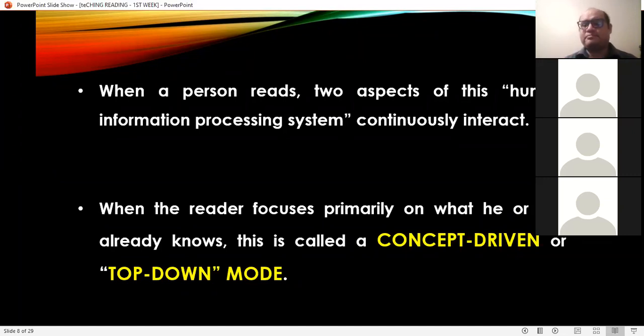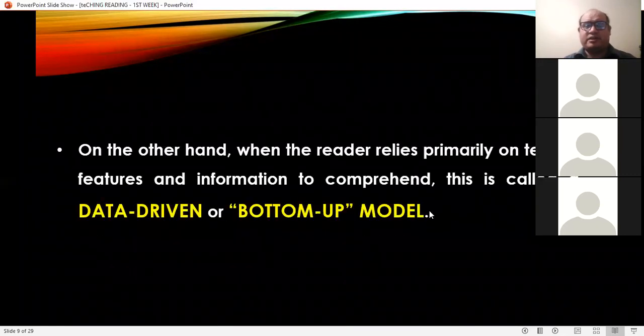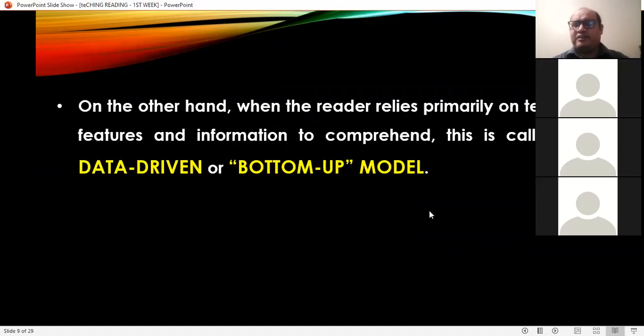Yeah? What about the other one? On the other hand, when the reader relies primarily on textual features and information to comprehend, this is called a data-driven or bottom-up model. So here you have the second one. Notice, now you are not going to use your background knowledge.